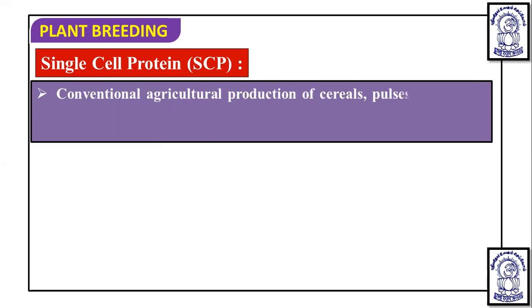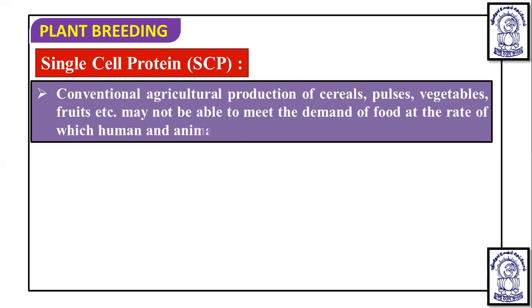as we know, conventional agriculture production of cereals, pulses, vegetables, fruits, etc., may not be able to meet the demand for food at the rate at which human and animal population is increasing. Day by day the population is increasing, and conventional agriculture techniques are not able to fulfil the demand.